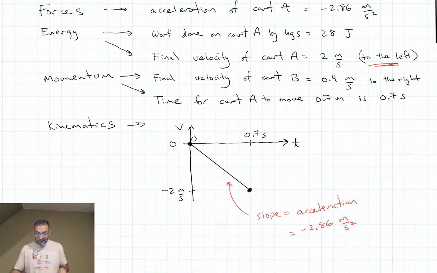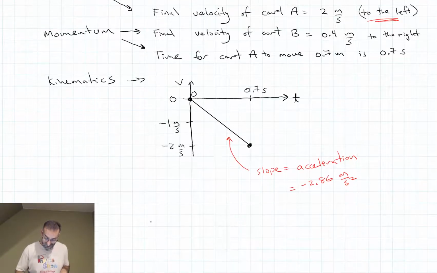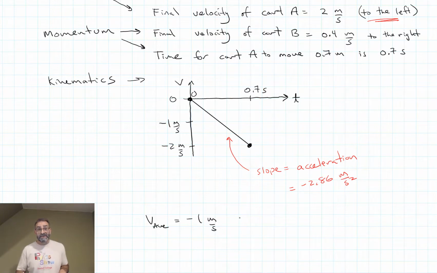And what's the average speed? Well, because it's a straight line, we can find the average speed just using the endpoints, and we get the average velocity is -1 meters per second. So we can take v average and multiply it by the time to get the distance that the cart moved, the displacement of the cart.